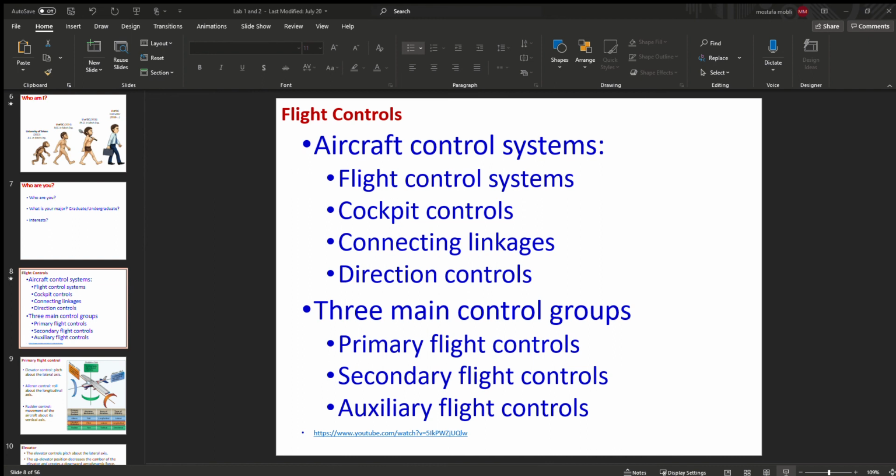The anti-servo tabs can also be controlled by the pilot. Sometimes you want to increase the sensitivity, sometimes you want to decrease it. So its movement and how firmly it is held in its position is also controlled by the pilot. Okay, are there any questions so far?